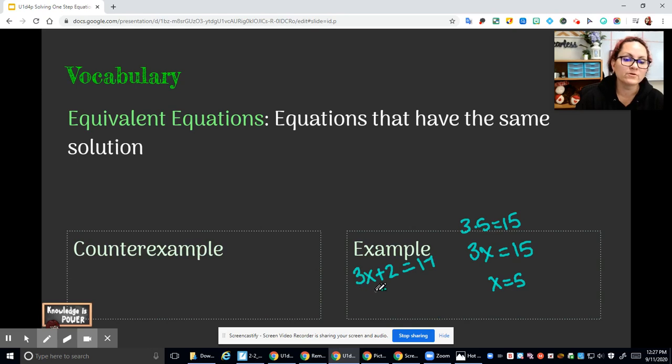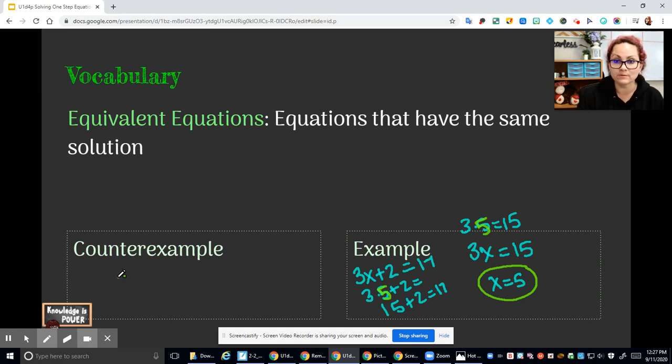Okay, and so when I plug in 5 here, 3 times 5 is still 15, right? 15 plus 2 is 17. So in this case, notice how the 5 worked here, and it also worked in here. So in both equations, x equals 5, okay?